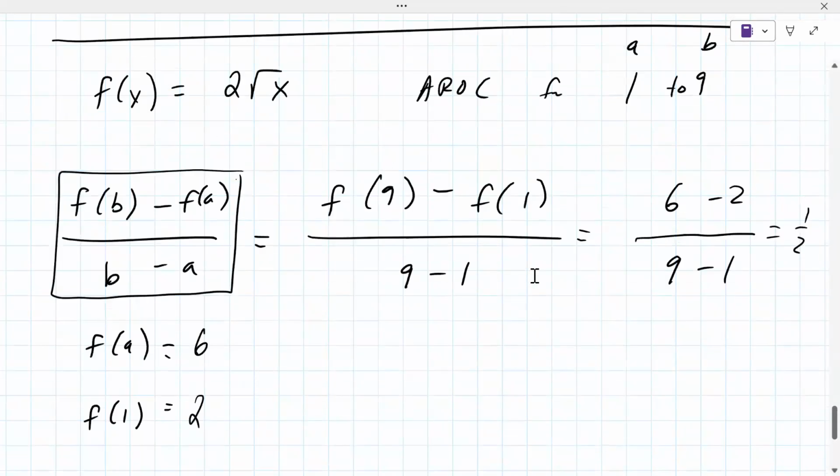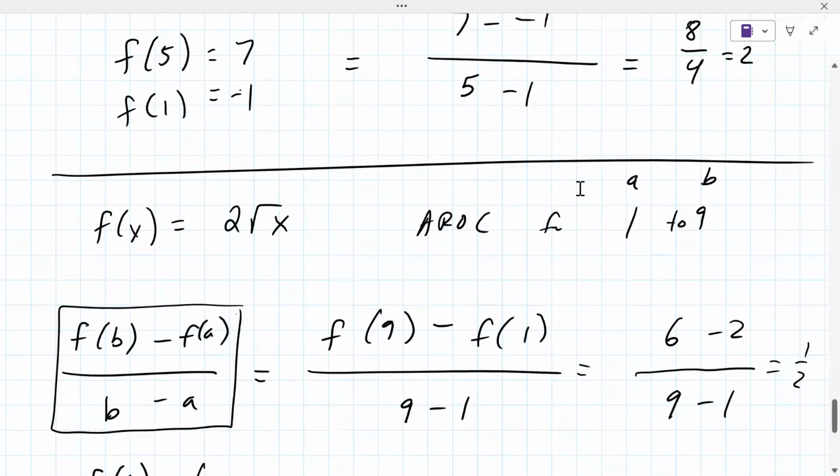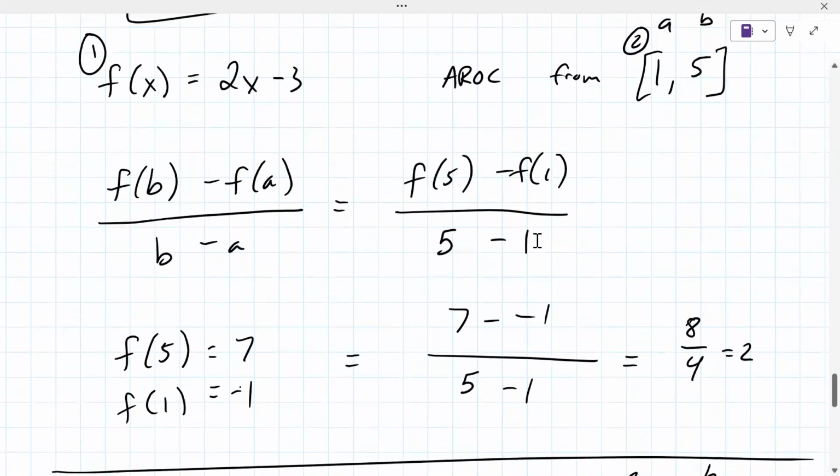If you look back, the a and b values are on the bottom. It's b minus a on the bottom, right minus left. Same thing here, 5 minus 1. It's not the output. Oh, the output is on the top. Yes. Oh, shoot. Okay.